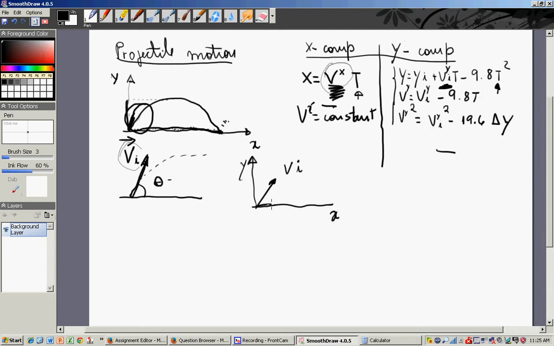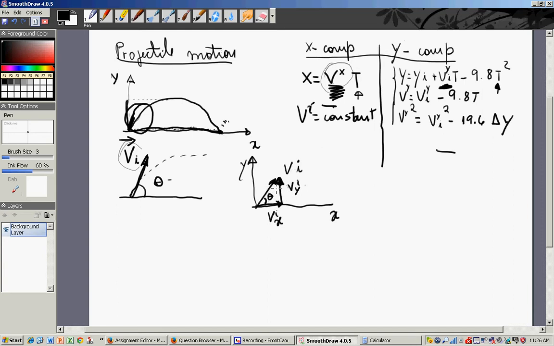Now you have to remember your trigonometry. This is your y-axis, this is your x-axis, this is your initial velocity. The projection is such that this vector is given by the sum of this vector plus this vector. Remember how we add vectors? We take the tail of the second vector, add it to the head of the first vector, and connect the tail of the first vector to the head of the second vector.